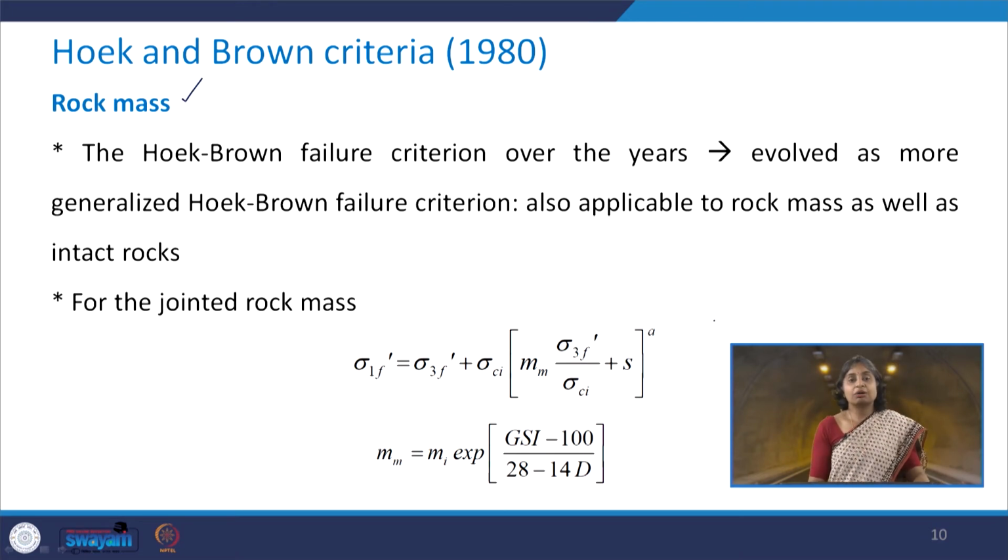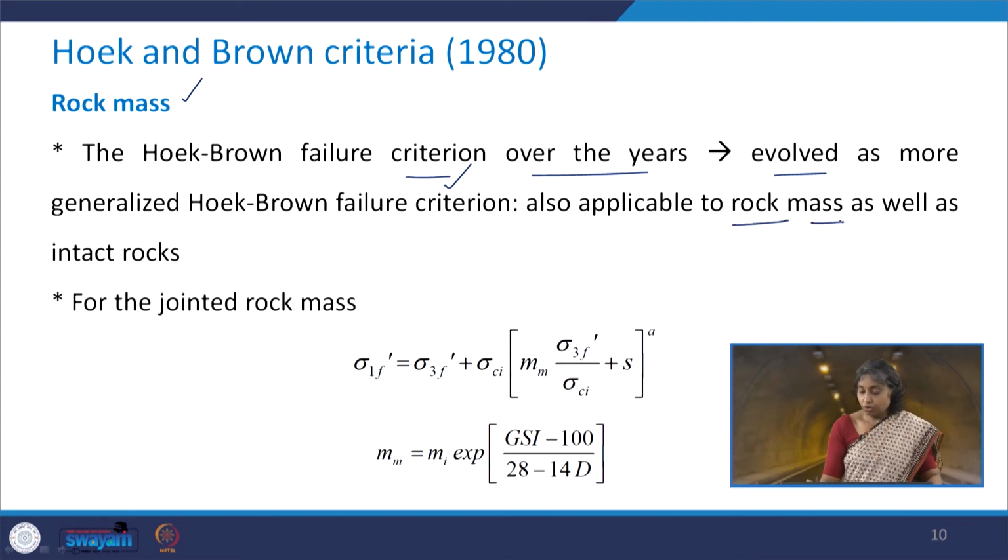The Hoek and Brown failure criterion is also applicable in the case of rock mass, but of course, the parameters are not going to be the same as they were in the case of intact rock. Since this has been used over the years, it has evolved into a more generalized Hoek and Brown failure criterion, and is therefore always applicable to rock masses as well as intact rocks.